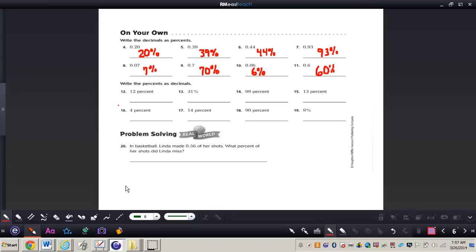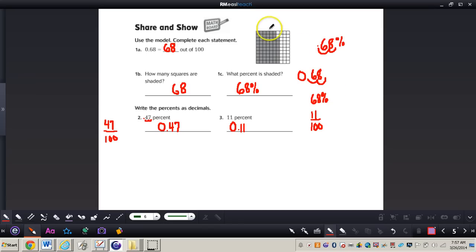Okay, here are your answers for these problems. Some of the ones that may have been a little tricky could be numbers 9 and 11. Now this was 7 tenths and 6 tenths. Think about 7 tenths of a 100 grid shaded in: that would actually mean 7 total columns.